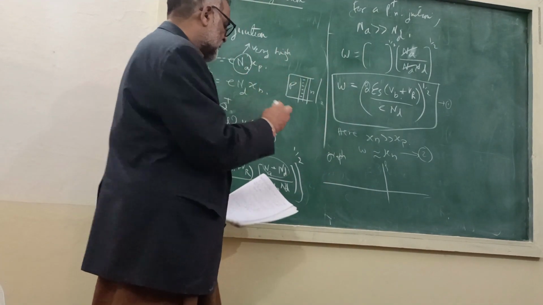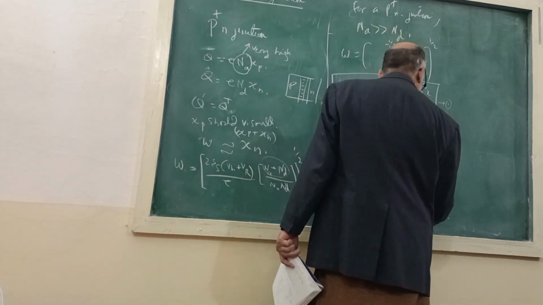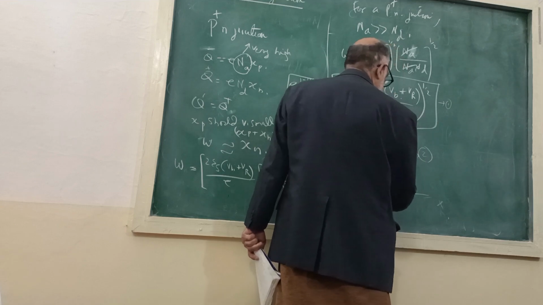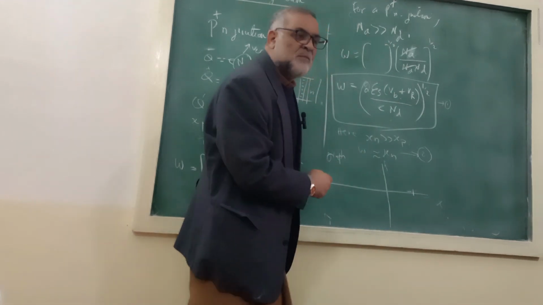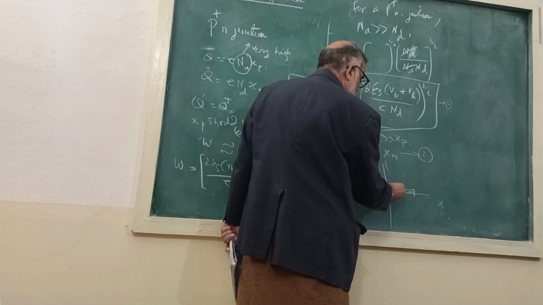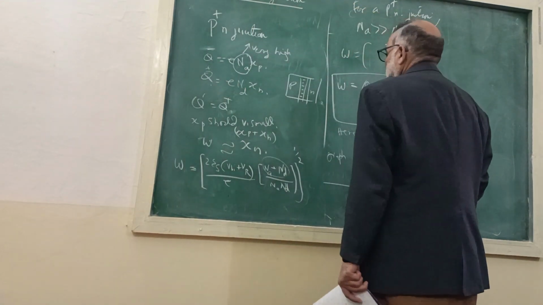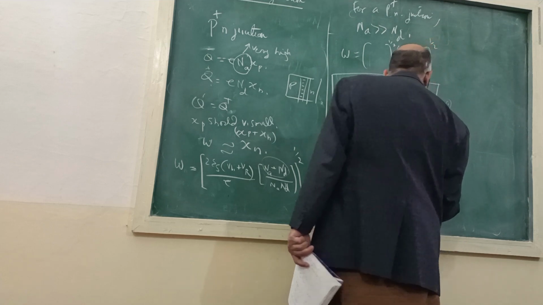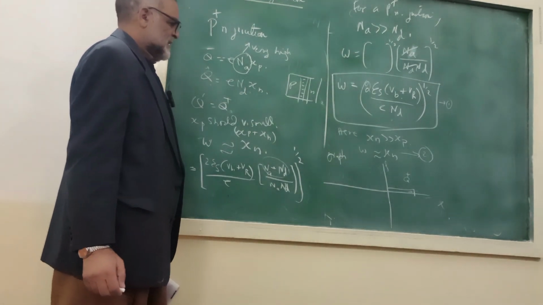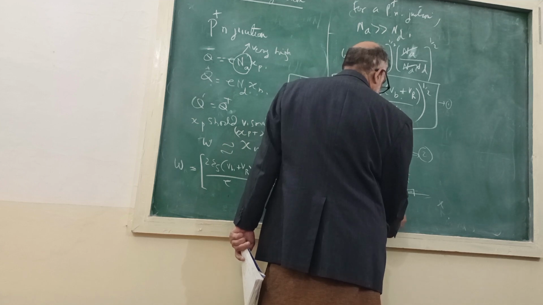N D is very small as compared with N A, but the same charge exists on both sides. The positive charge side is equal to a larger XN and small N D, and on this side it will be a small XP.